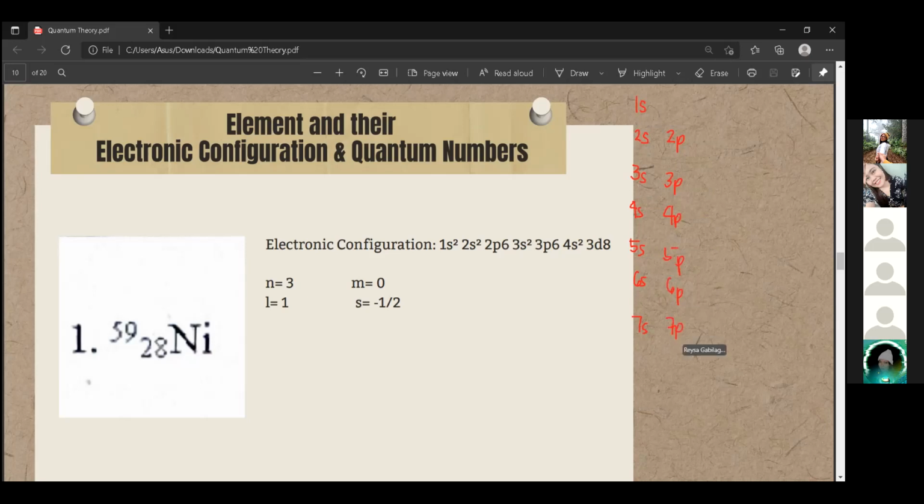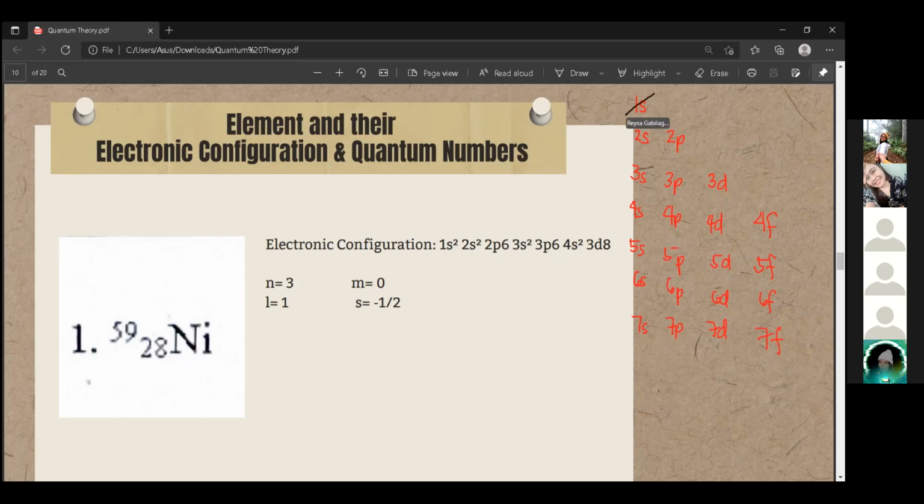And then for the D, it starts with the third energy level. So you start here. Ayan. And lastly, F will start here. 5, sorry. 4F, 5F, 6F, 7F. And then yung arrow natin looks like this.